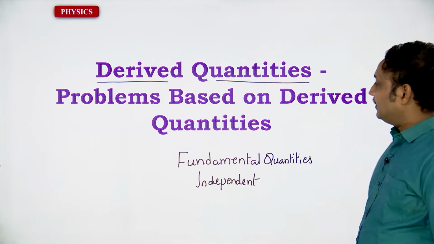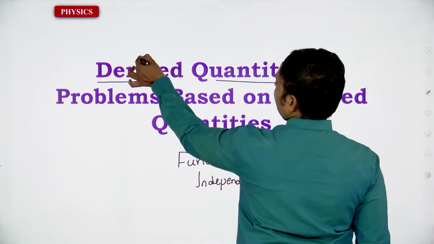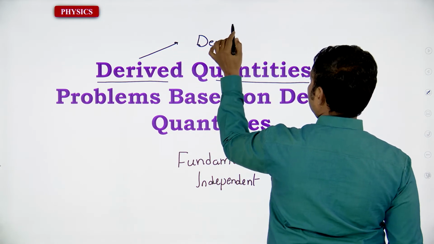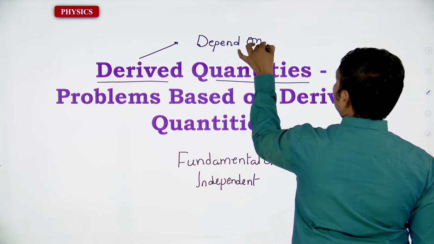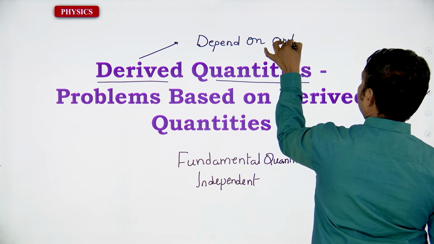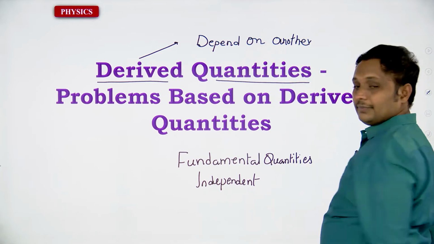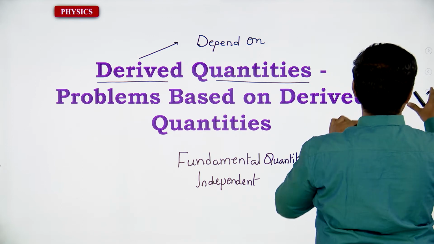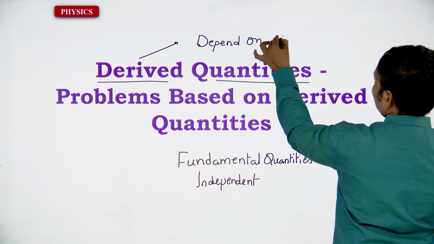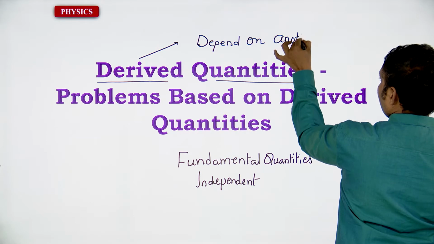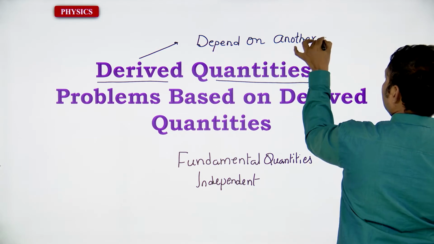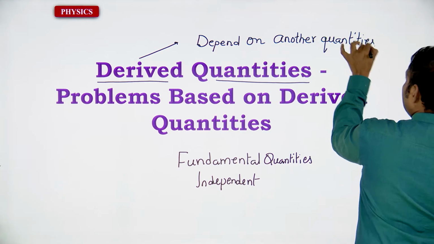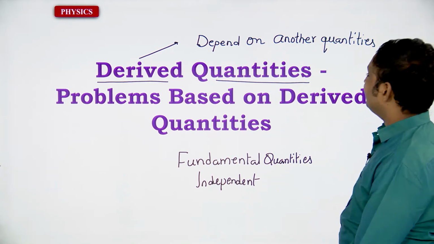So, derived quantities are going to depend on other quantities. Yes, we have to take this one, depending on other quantities.